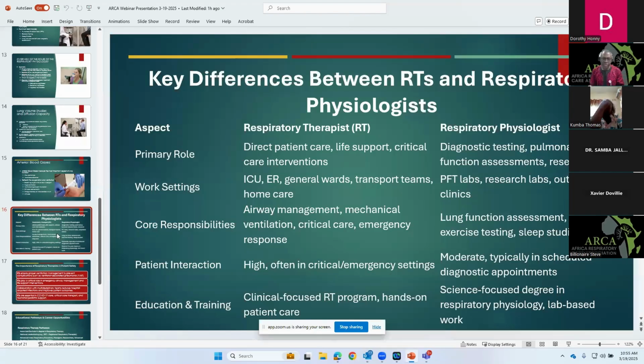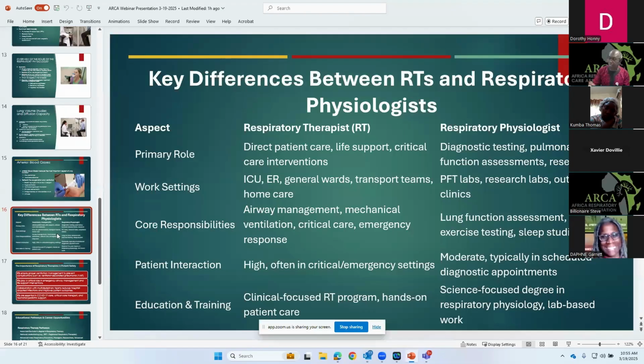Now, their core responsibilities: if a patient stops breathing, a respiratory therapist is what you need, because they will take over your breathing. They will help you to breathe. That's why when they put a tube down the patient's lung, they help the patient to breathe. If the patient's heart stops, they will help push on the heart to get it going again.